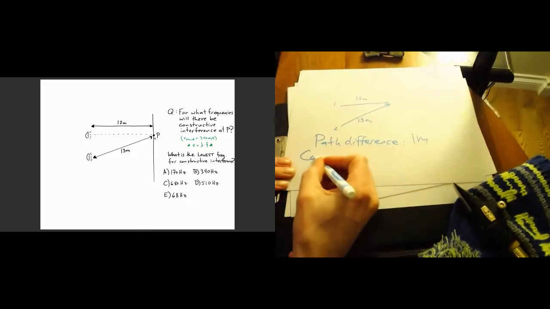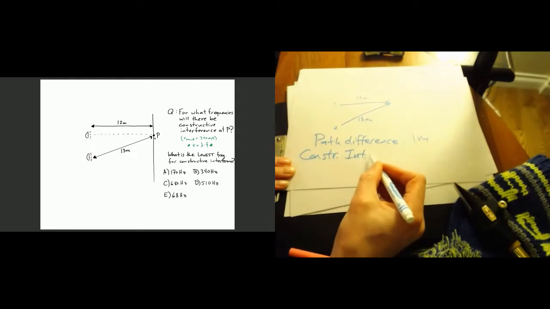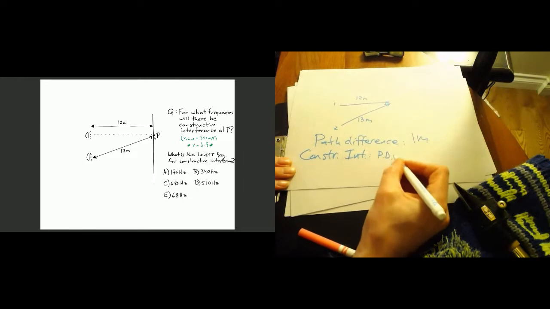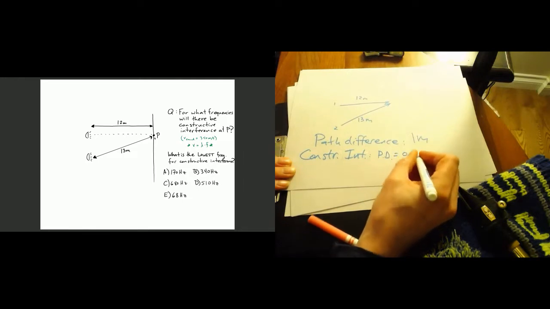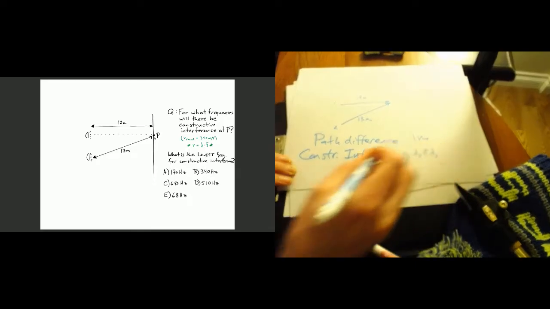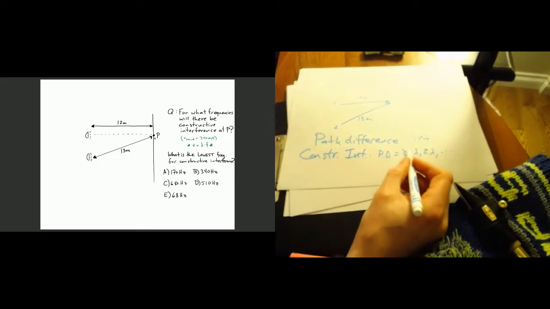And then we remember that constructive interference happens when the path difference is equal to 0 or lambda or 2 lambda. And so clearly 1 meter is not 0, so we can't have that.